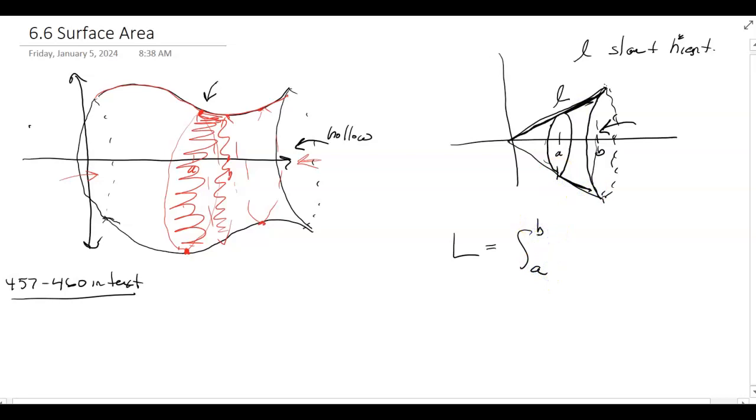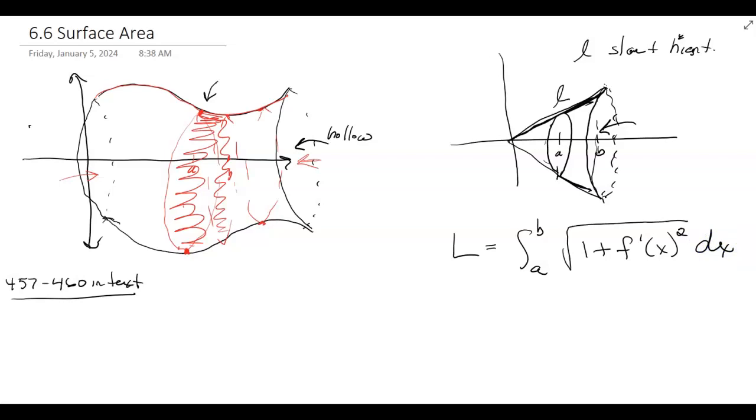Well, you can get the slant height because we did that in the last section. It's basically the arc length of a curve. In this case, our curve just happens to be the side of a cone. And we already know that to be the integral of the square root of 1 plus f prime of x squared dx.